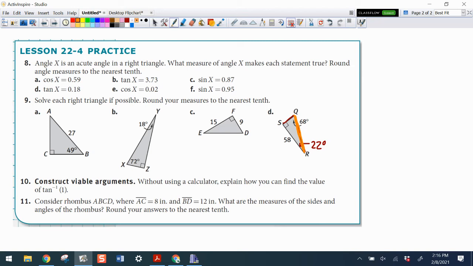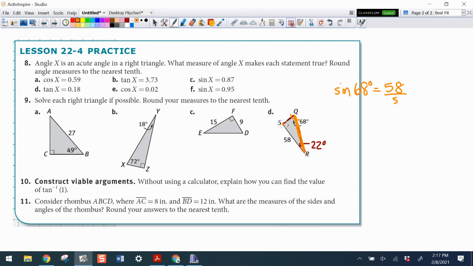If angle Q is our indicated angle, the length of the side we're given, SR, is opposite of angle Q, and the hypotenuse, which we're looking for, is QR. So we are going to use the sine function. The sine of angle Q, which is 68 degrees, is equal to the opposite side of angle Q, which is 58, over the hypotenuse, which we'll call lowercase s.